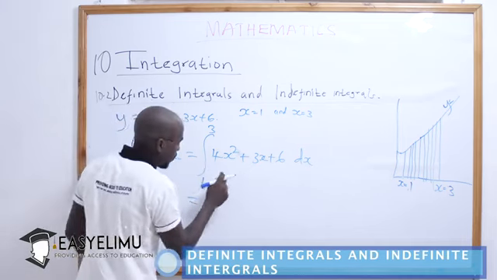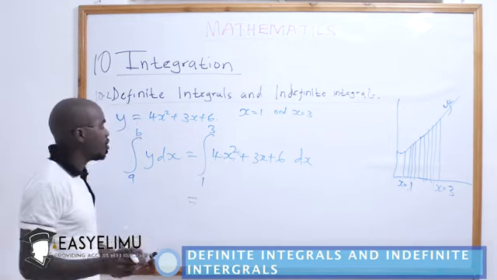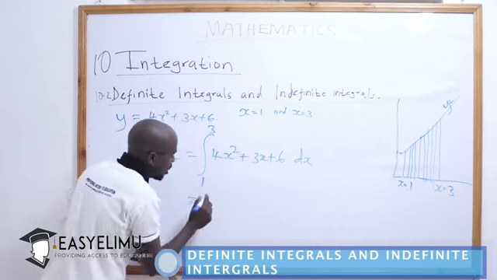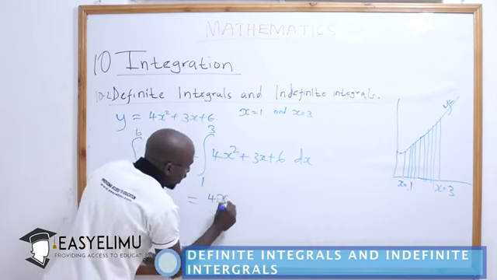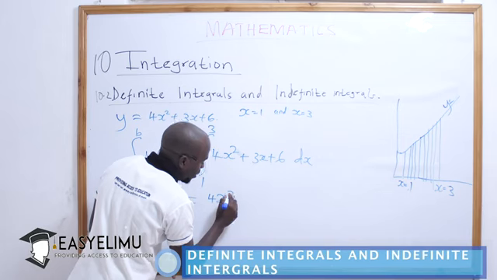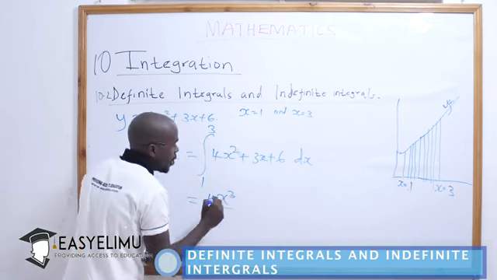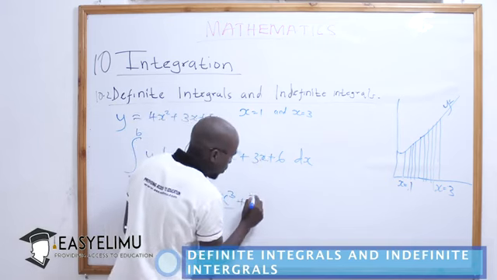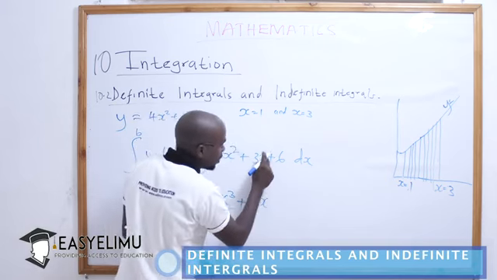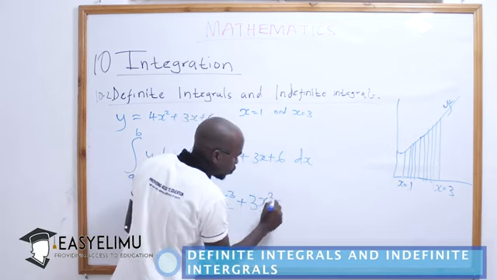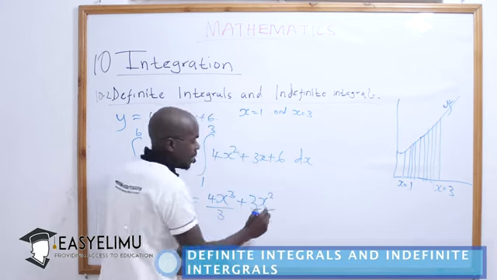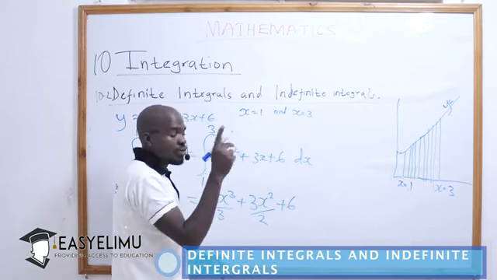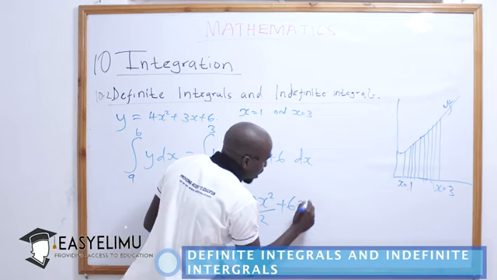For the first term, 4x squared becomes 4x to the power 3, divided by 3. Plus 3x becomes 3x squared, divided by 2. Then we add 6, which has x raised to 0, so if you add 1, it becomes 6x.